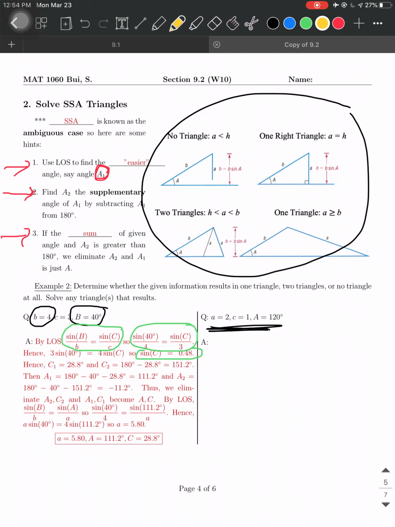And just really quick, notice that you will not plug into the calculator sin of 0.48. This is wrong, okay? So if I give you something like sin of 10, then when it comes to the calculator, you will do sin of 10. You will plug in the exact same thing, right? But if I give you something like sin of A equals 10, when it comes to a calculator, you cannot do the same method, right?